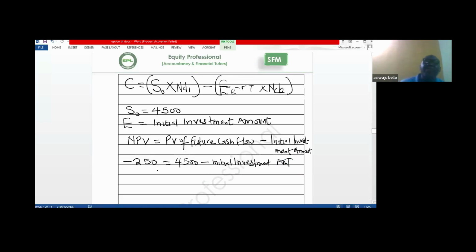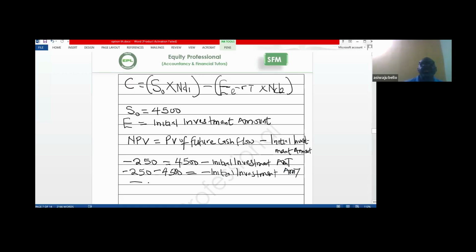What is the initial investment amount? We can collect like terms. Minus 250, this will come out here. Minus 4,500 is equal to minus initial investment amount.